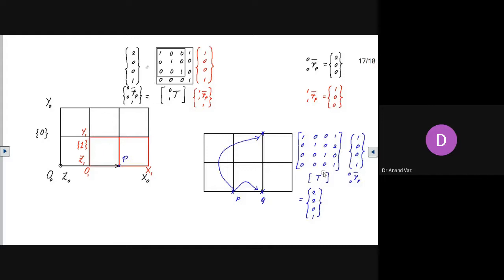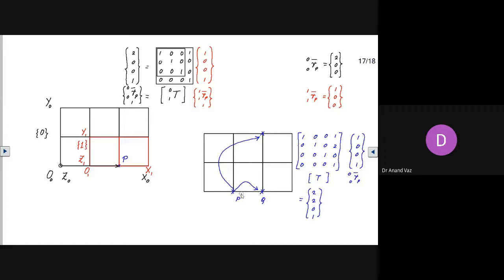So what this homogeneous transformation can do is it can translate vectors. Got it? So it can translate the position of points. If you had Q, even that would have got translated. You have P, that also will get translated.